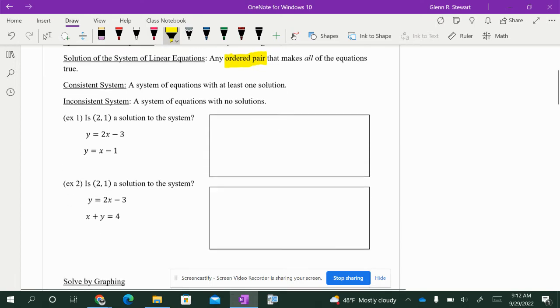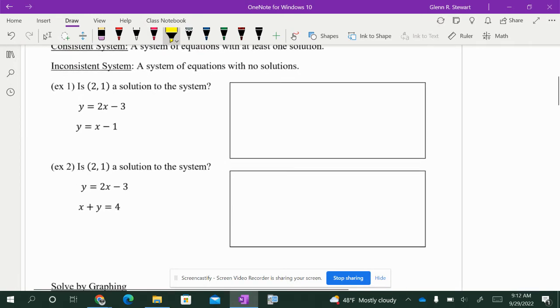First off, we're going to start with a couple of examples of is the point a solution to the system? If you look here, we've got the two equations and we've got the point (2, 1). In order to prove that that would be a solution to the system, or a point where both of the equations intersect, we have to plug that point into each of the equations. So I'll start by doing the first one here.